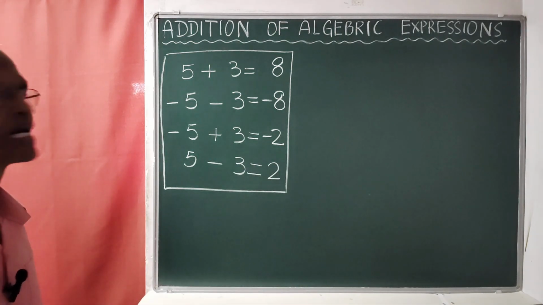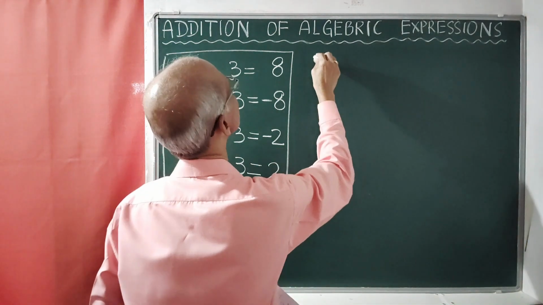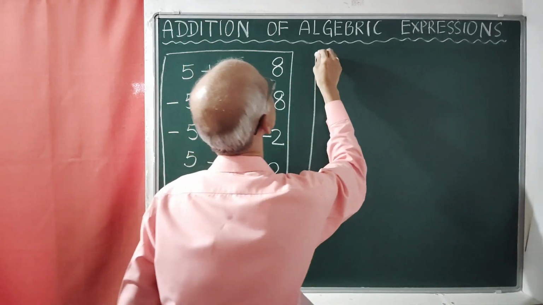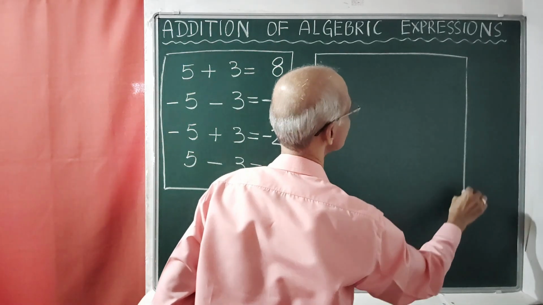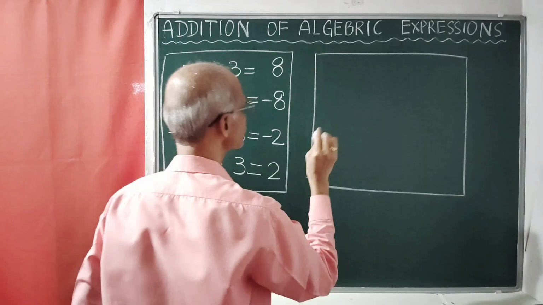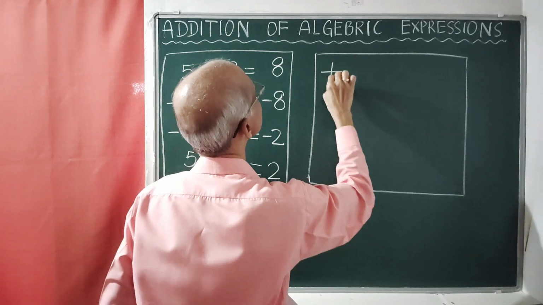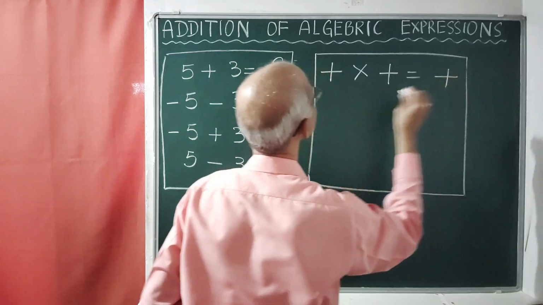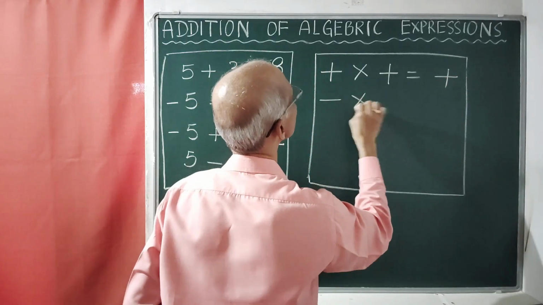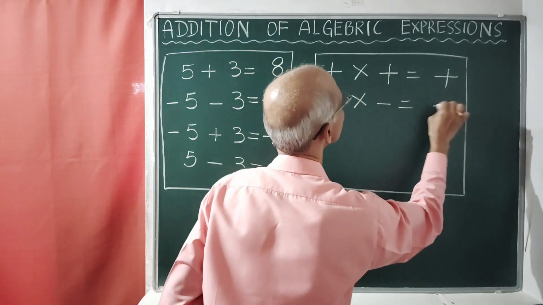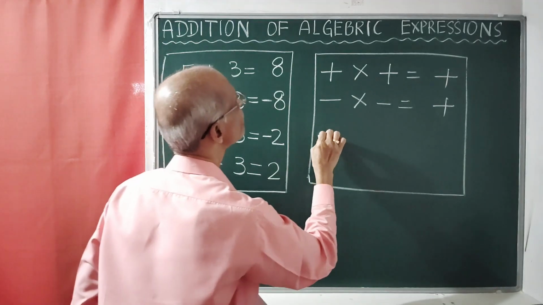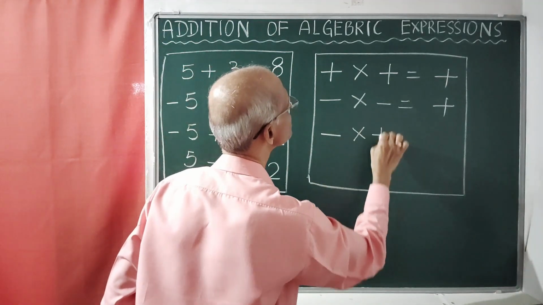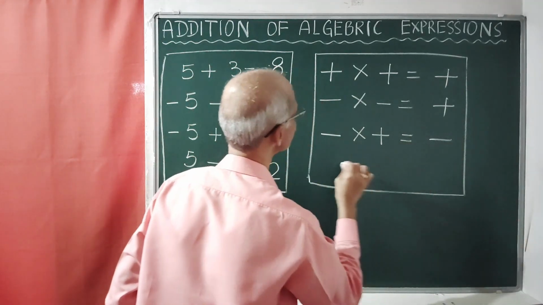Next, you have to remember the rule for multiplication of integers. Plus into plus is equal to plus. Minus into minus is also equal to plus. Minus into plus is equal to minus.